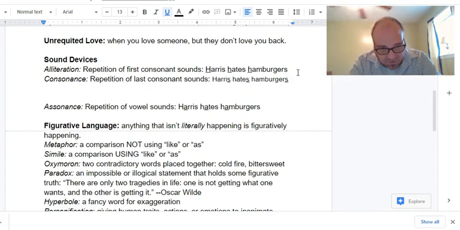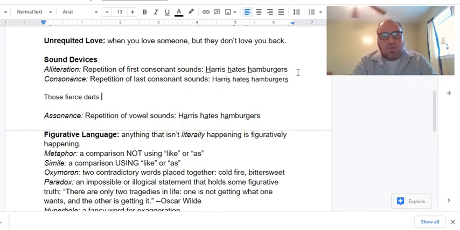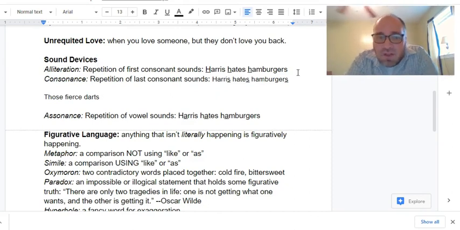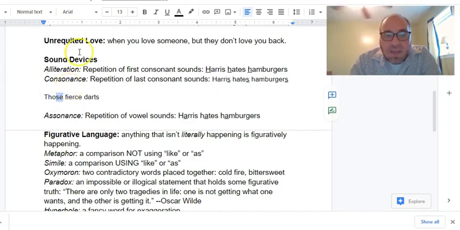So let me give you an example here, just because I can. Those fierce darts, right? That would be an example of consonance too, even though it's not spelled the way that it looks clearly like consonance, but those ends with an S sound.